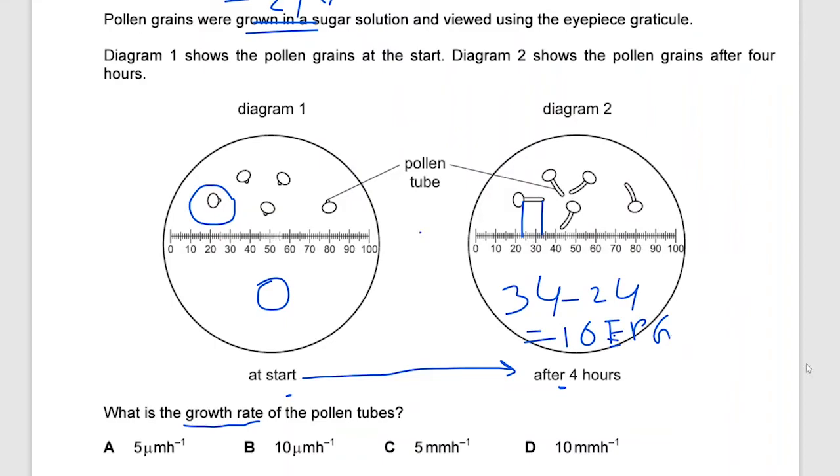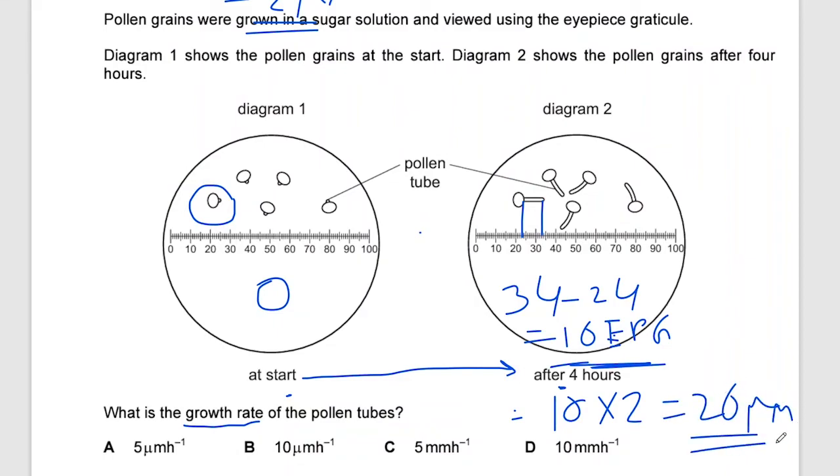And we know that every single division in the EPG represents 2 micrometers. So 10 divisions in the EPG would represent 10 times 2, which is 20 micrometers in length. So the change was 20 micrometers minus 0, which is 20 micrometers, the change in length.